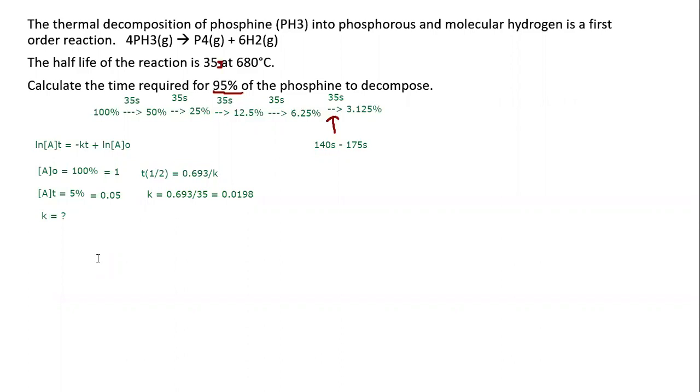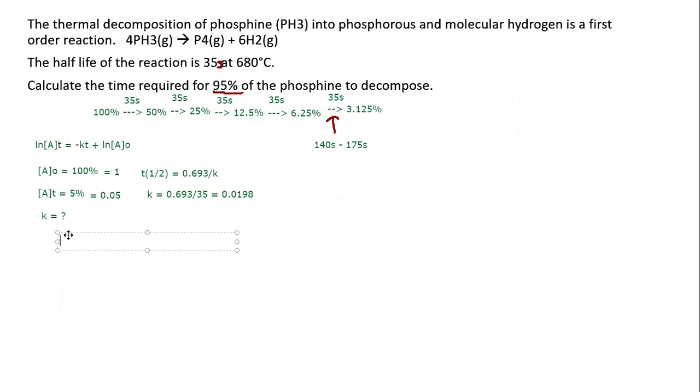This doesn't work for other than first order integrated rate laws. If you go to second order or third order, you actually have to take 5% of the initial concentration.